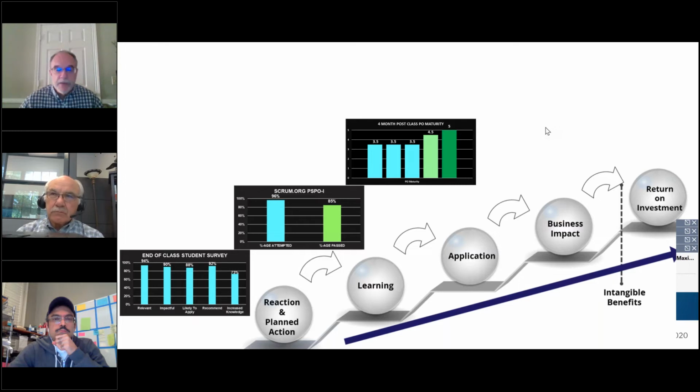And we got self-assessment from the product owners. We got input from their manager, and Ravi and I also, based on our observations, ranked the product owners as well. And so this is sort of a composite score. We had hoped to get everyone to a 4 out of 5 in 4 months. We got most people very close, and we had a few people that actually exceeded it.